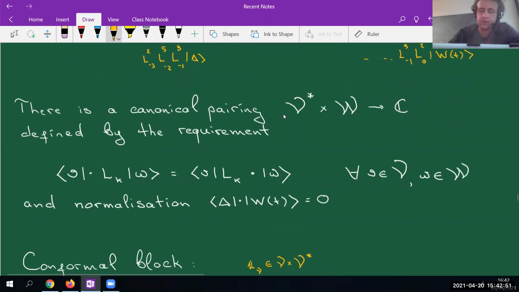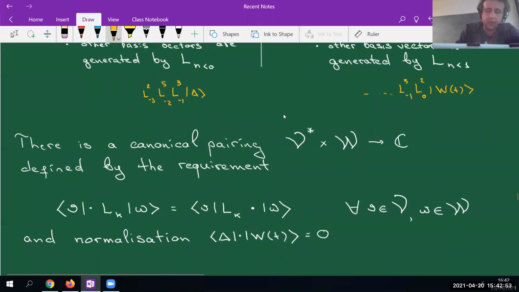This pairing is fixed by the requirement which is written here. Basically, you ask that the action of the generator Lk on the vectors from the Whittaker module can be transferred to the vectors from V without changing the pairing.